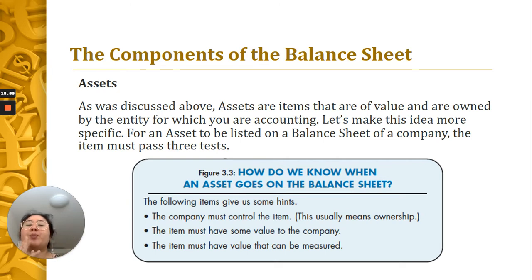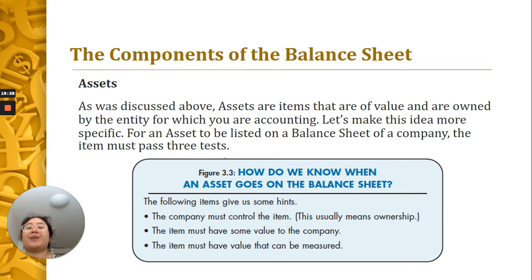Figure 3.3: how do we know when assets go on the balance sheet? Which ones should be posted on the balance sheet, and which should not be listed? Please follow these items, which give us some hints for the test. The first one: the company must control the item. This usually means ownership of that asset.